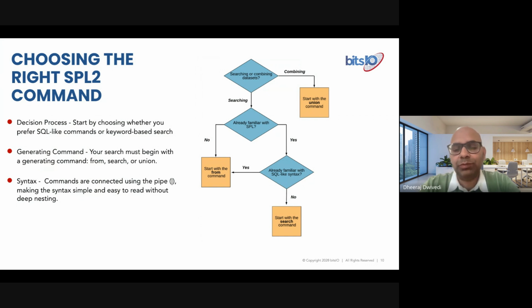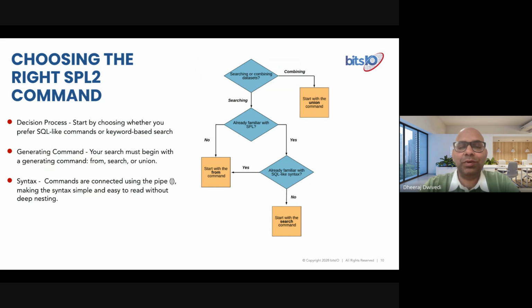Essentially, there are three types of generating commands. Every SPL2 search needs to begin with one. The three commands are from, search, and union. The from command is used to specify the data set or source you want to query. The search command is used to start a search and apply filters to your data.